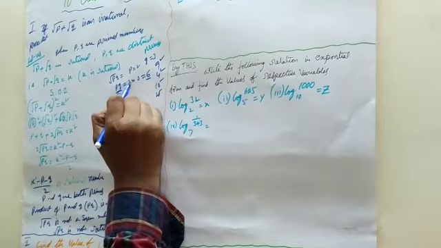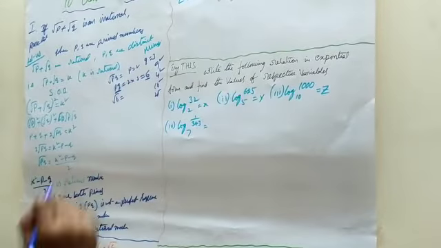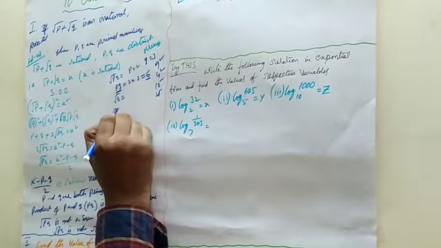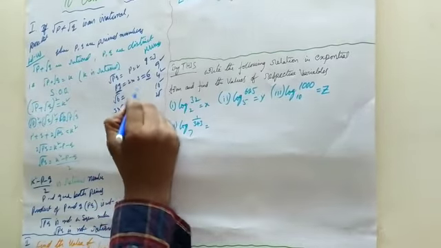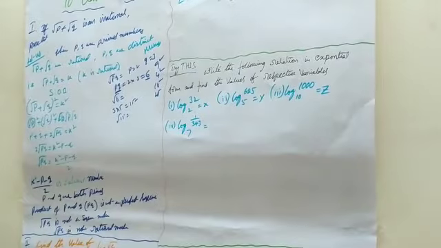Take 3 and 5: 3 into 5 is 15, and root 15 is not a perfect square.